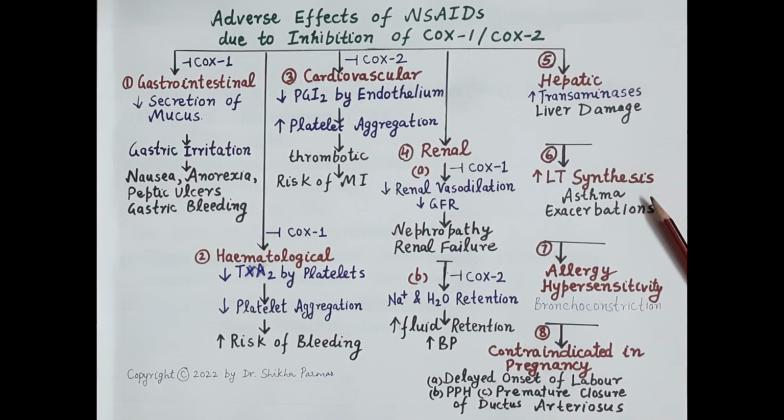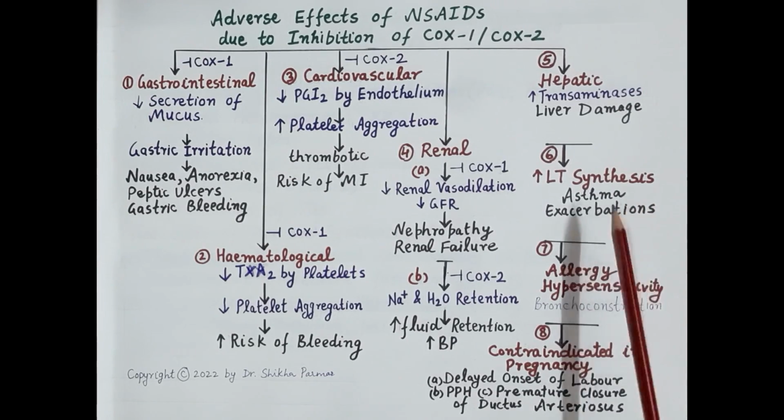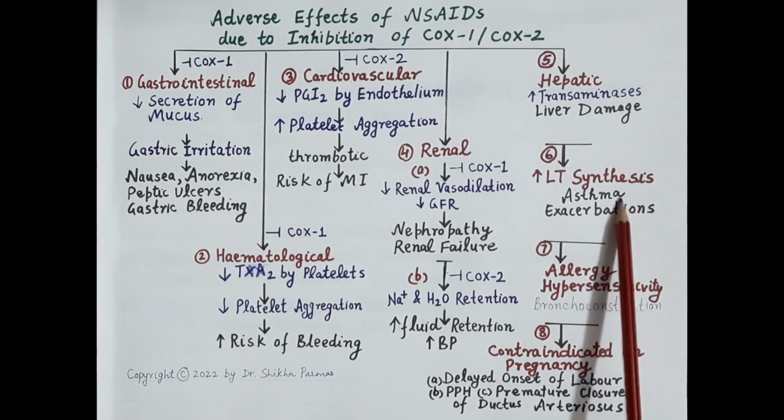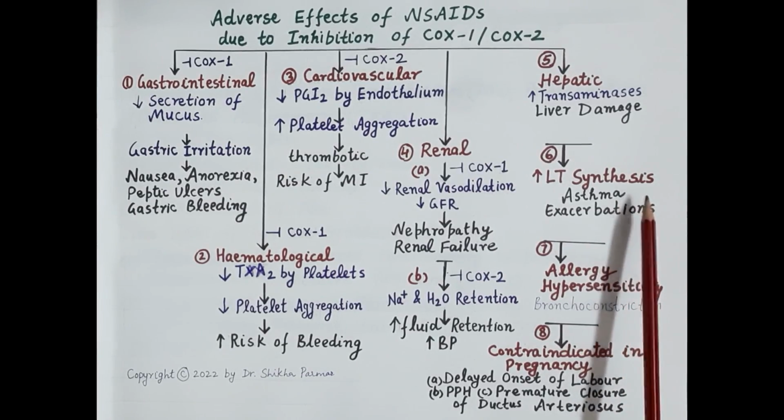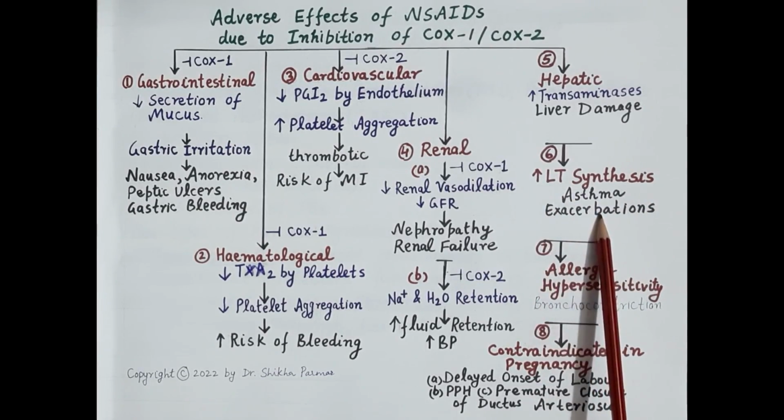This we have already discussed, that the use of NSAIDs blocks the cyclooxygenase pathway, and therefore the majority of arachidonic acid is converted to leukotrienes, which causes an increase in the synthesis of leukotrienes, and increased leukotrienes cause asthma exacerbations.